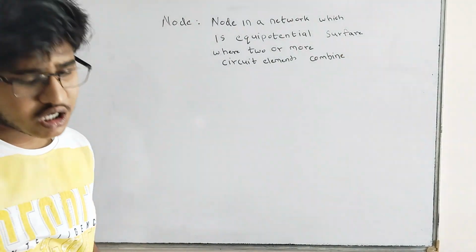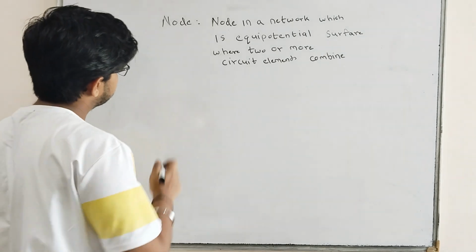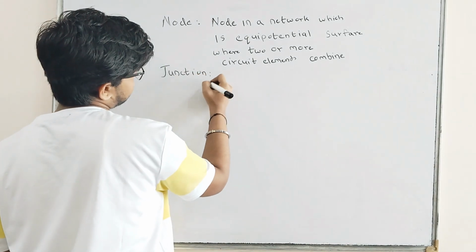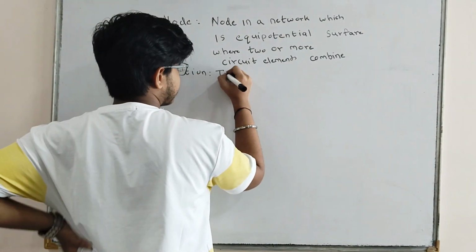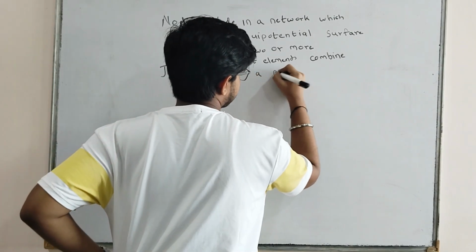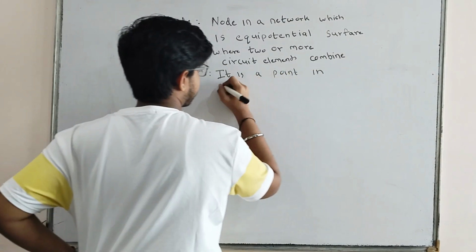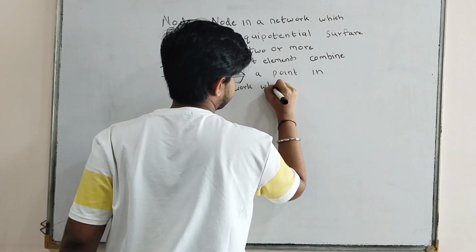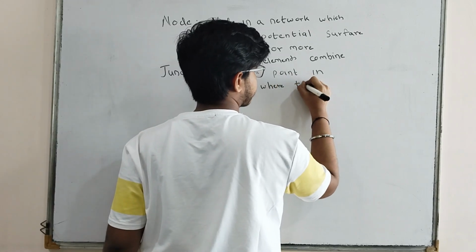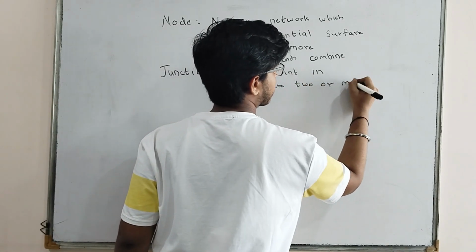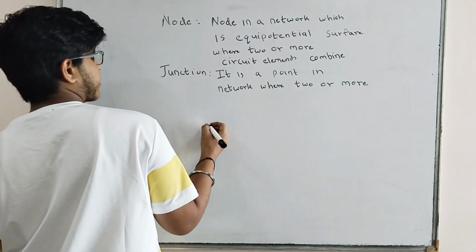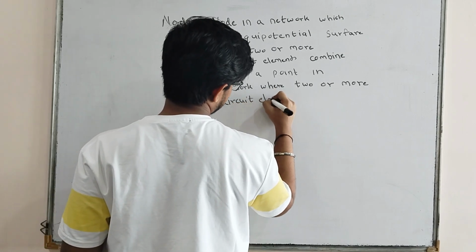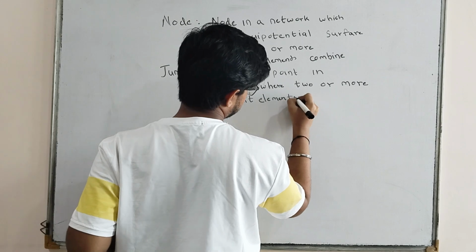Now next is the junction. A junction is a point in a network where two or more circuit elements join.